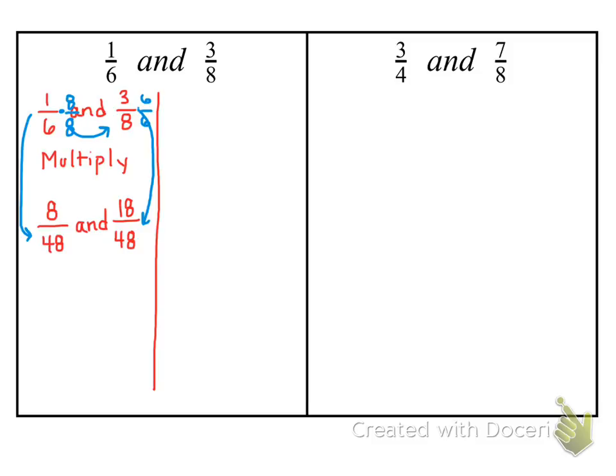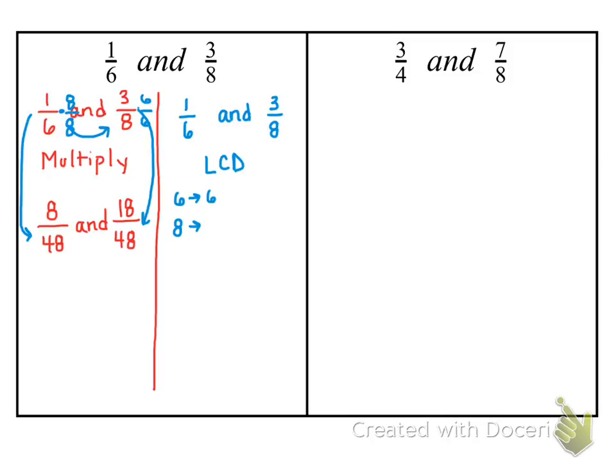So let's look at 1/6 and 3/8 and think about how to do this using the lowest common denominator. So I'm going to write my two denominators, 6 and 8, and I'm going to start writing my factors.